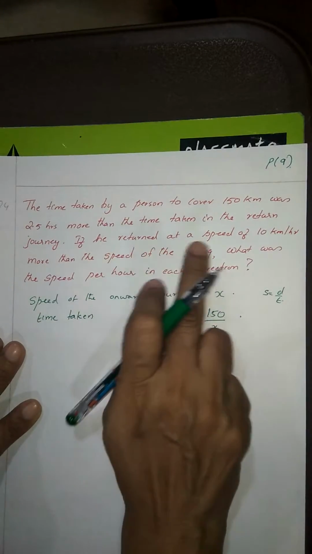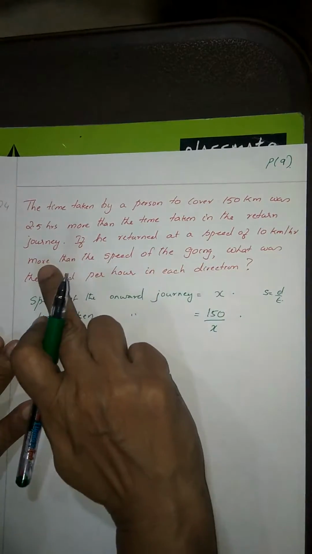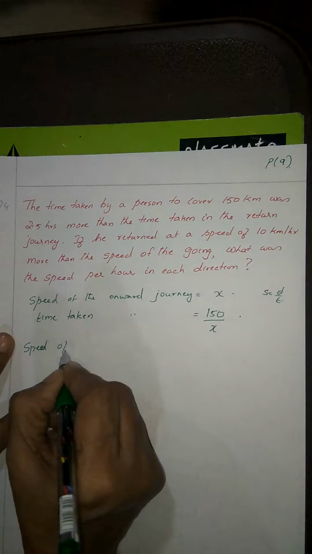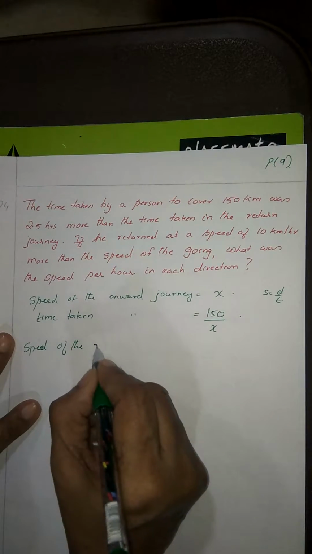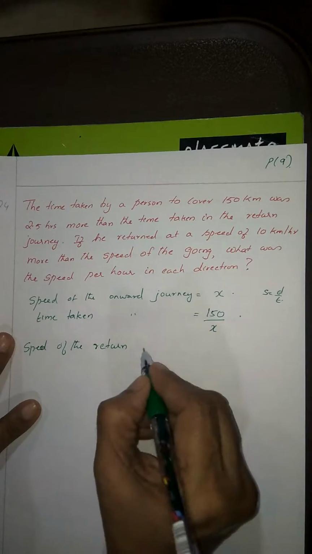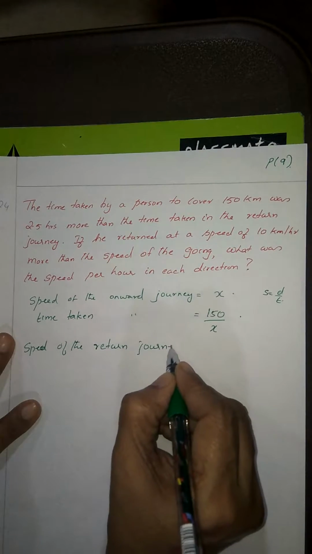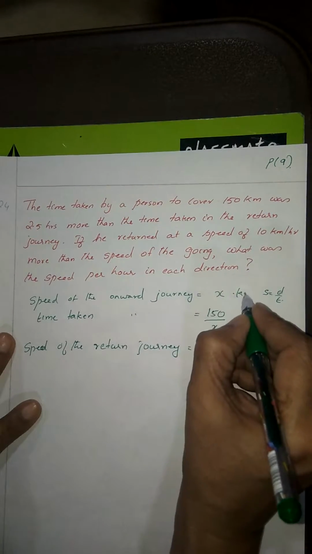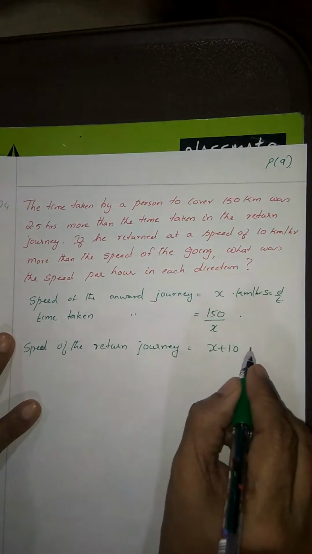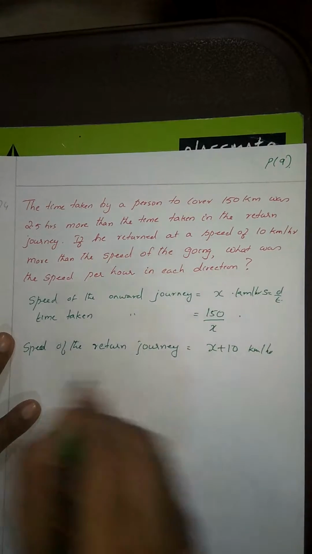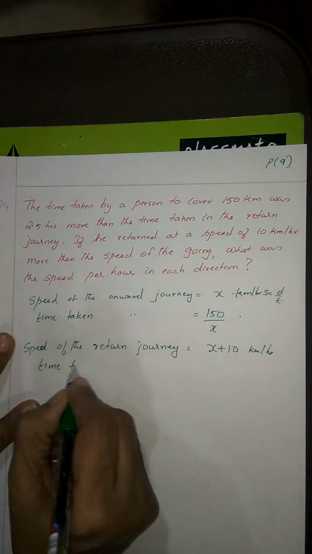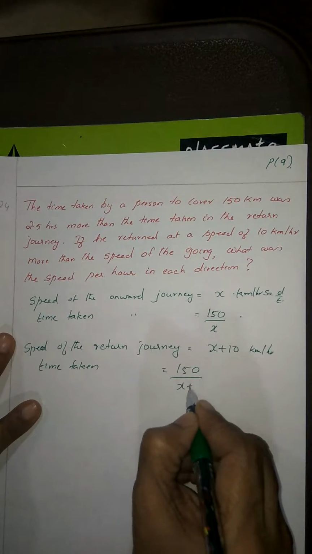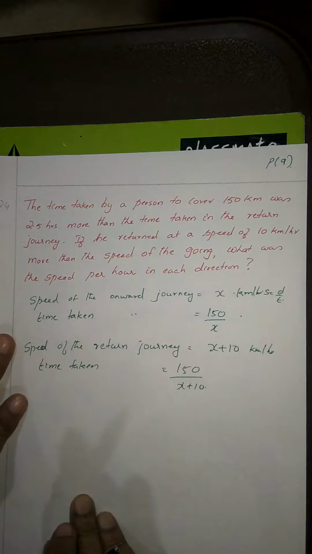For the return journey, he returned at a speed of 10 km per hour more. So speed of the return journey is equal to x plus 10 km per hour. So the time taken again will be 150 by x plus 10.